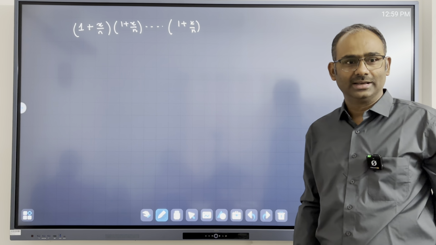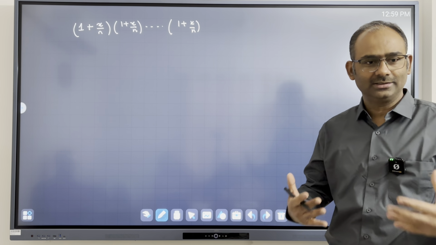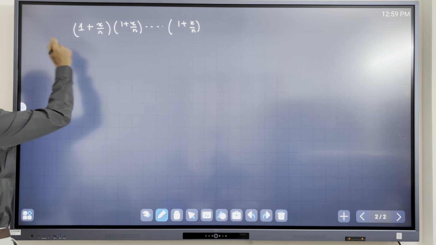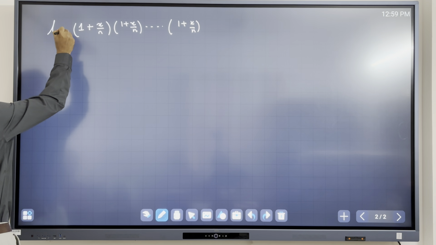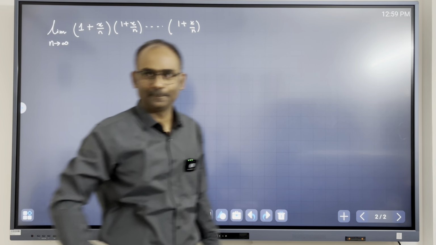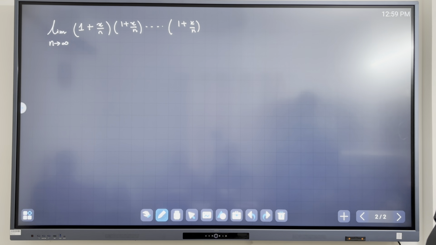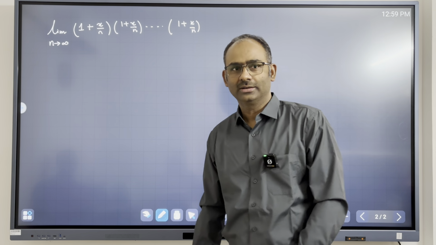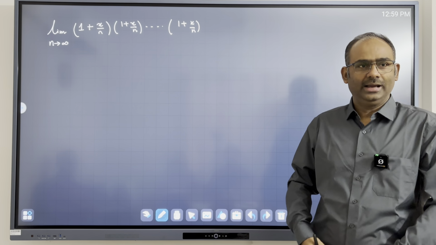And what we need to calculate most of the time is this object in the limit n going to infinity, where n is a positive integer.